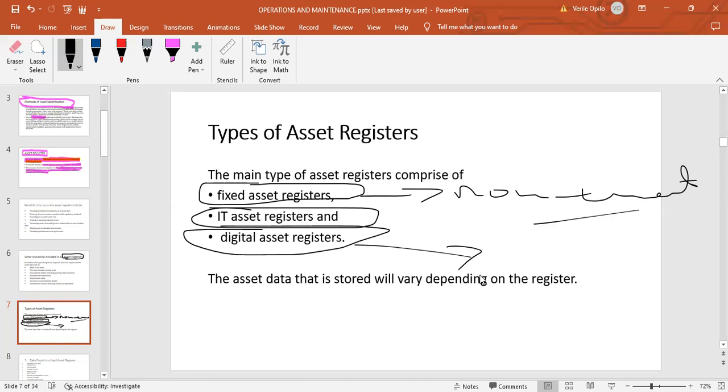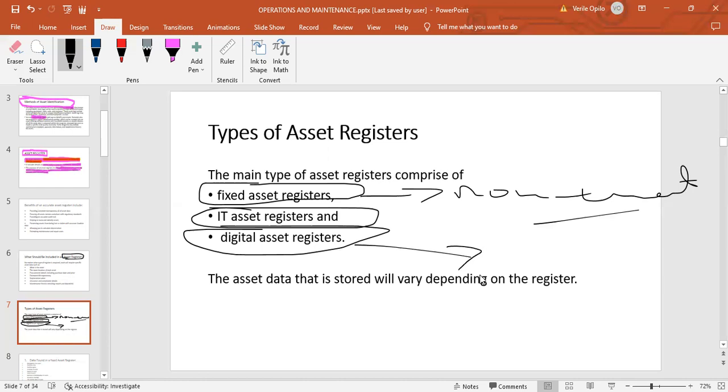For example, you could have a copyright or a patent that the business owns, or you have some right to the assets. In that case, you can classify them as digital assets, the intangible assets of the company that are digital in nature.